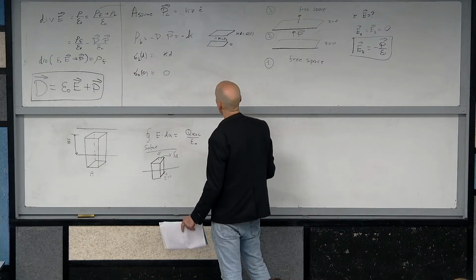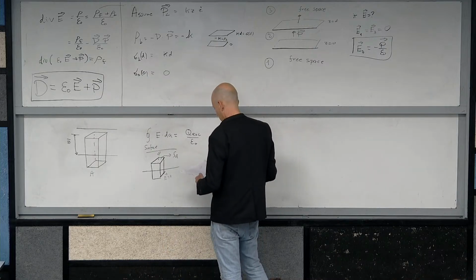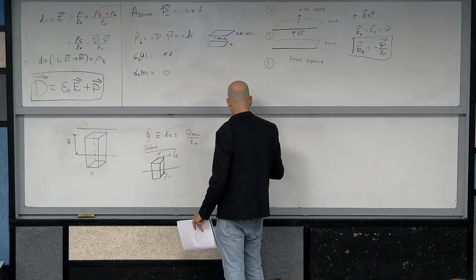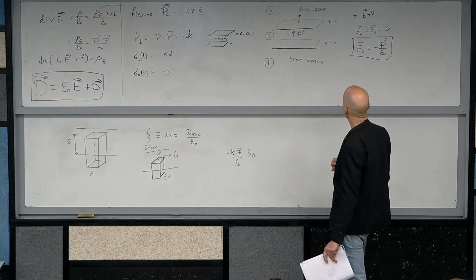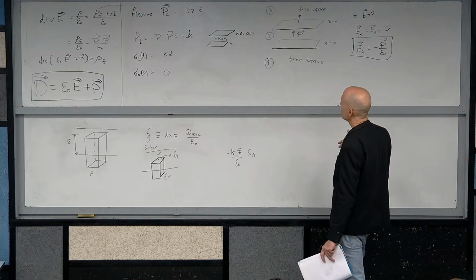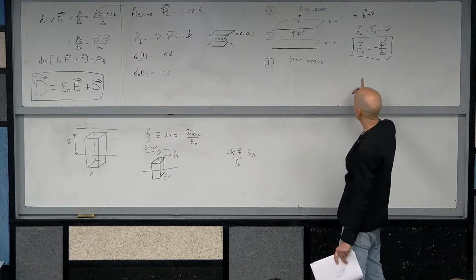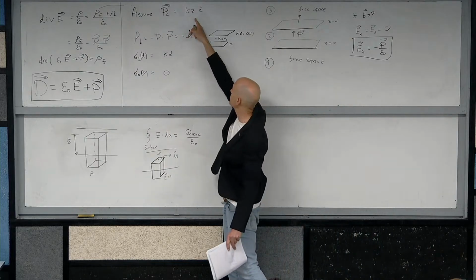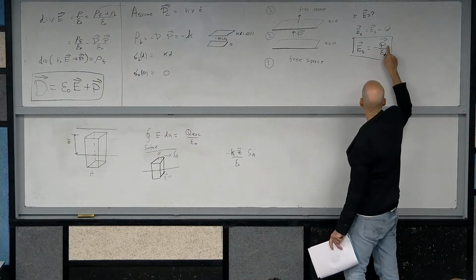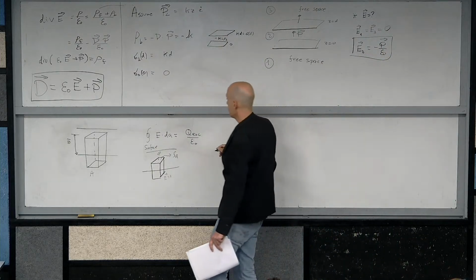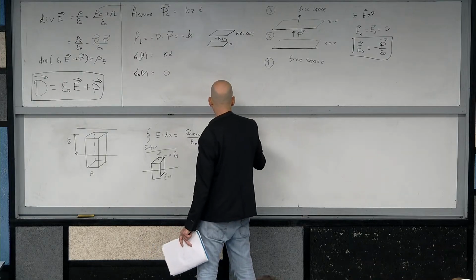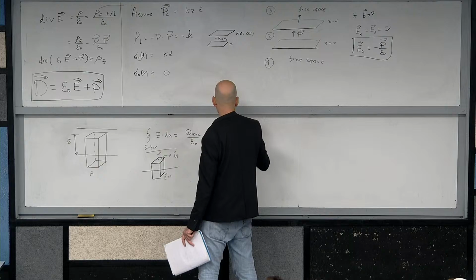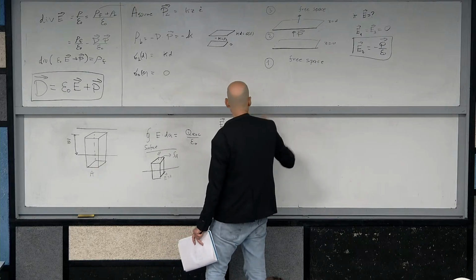At that level you do not know the field yet. You need to calculate it. Just a second. So P is Kz, then E is minus Kz divided by epsilon 0 in the z direction, from that equation.